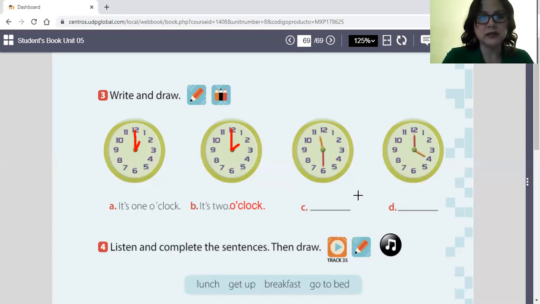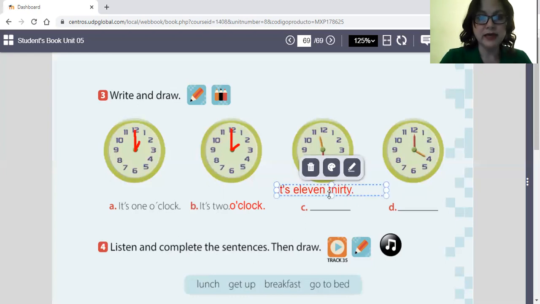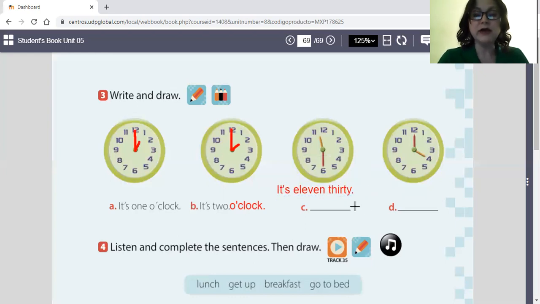I'm going to write it down. It's 11:30. Remember, when you see the long hand on the number 6, it's 30 minutes.